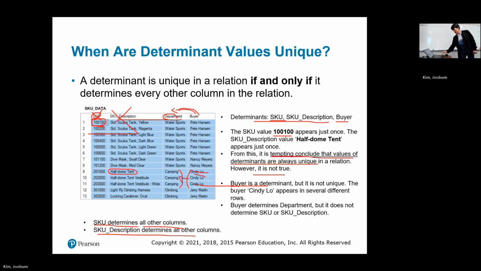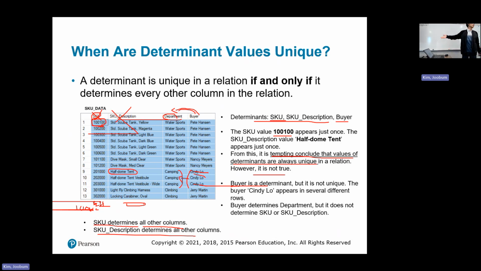Or in this table, SKU, maybe standard scuba tank yellow, with 1 million rows, it can have different values, maybe 999 values, something like this.